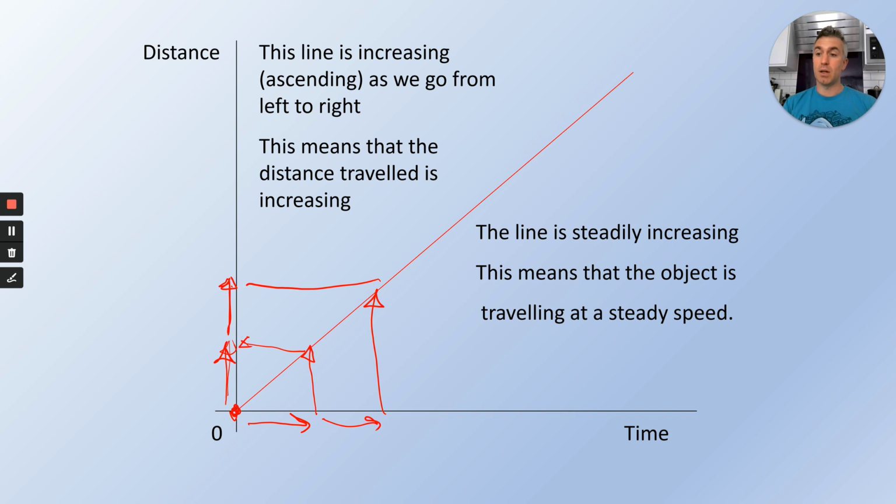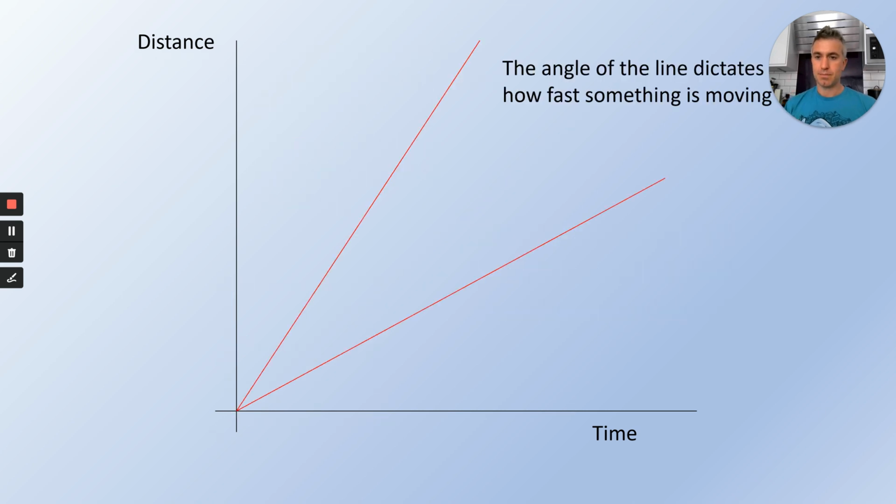A diagonal, increasing line means the object is traveling at a steady speed. Another thing to add to your graph. You got that? If not, pause it.